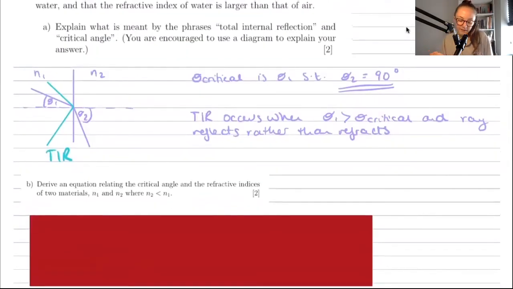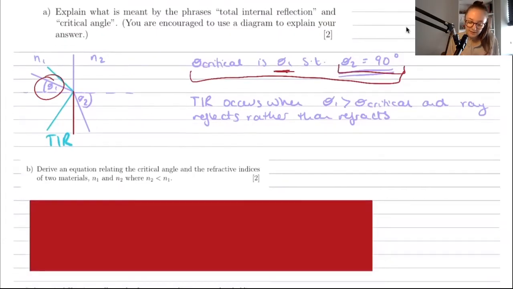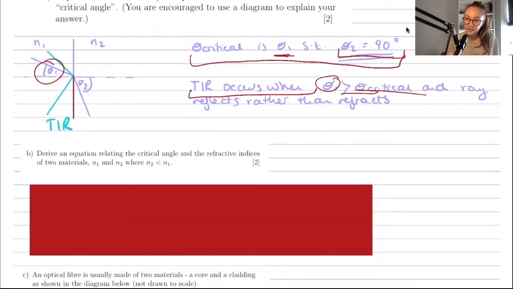We said that the critical angle is when this angle of incidence causes a 90-degree refraction on the opposite side. So our critical angle is angle θ1 such that angle θ2 is 90 degrees. And then total internal reflection occurs when our θ1 is greater than this critical angle and the ray reflects internally rather than refracts through to the next medium.